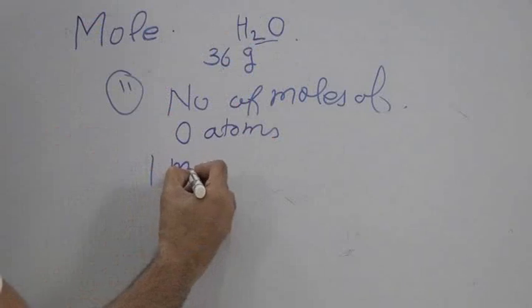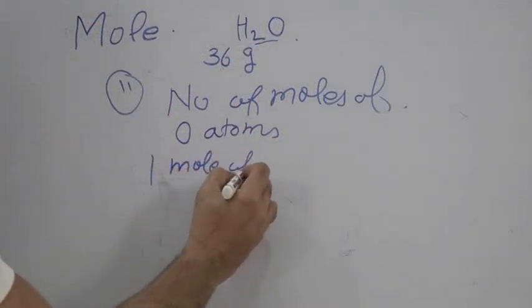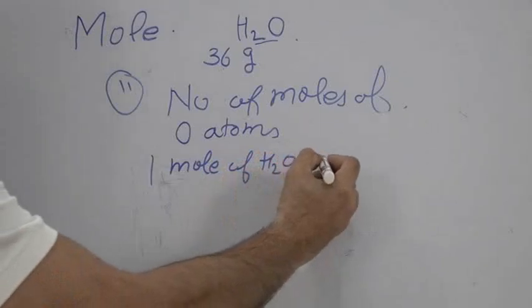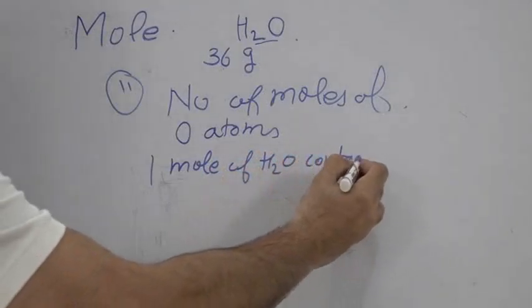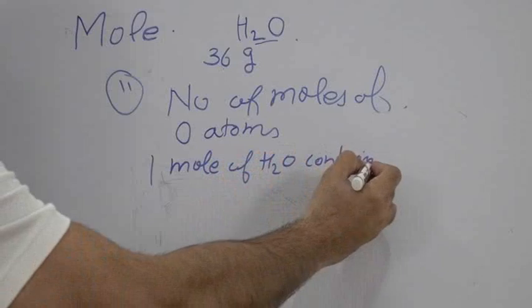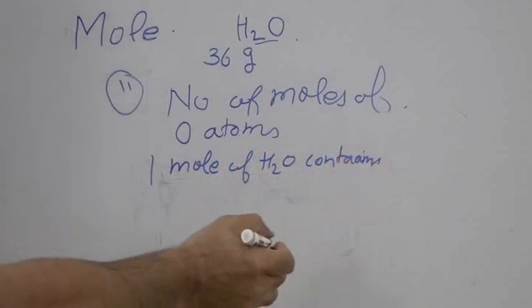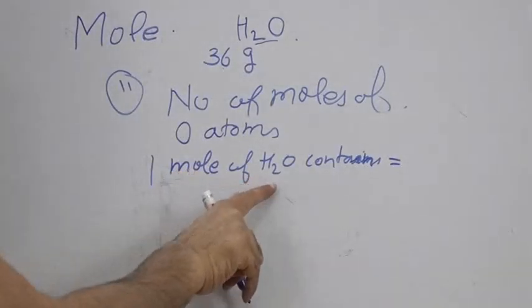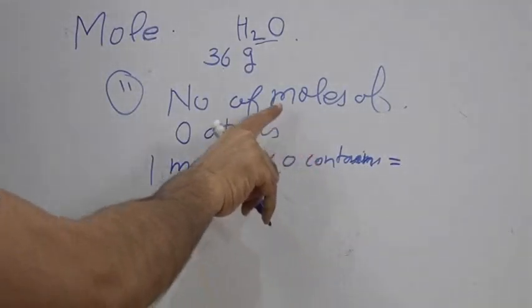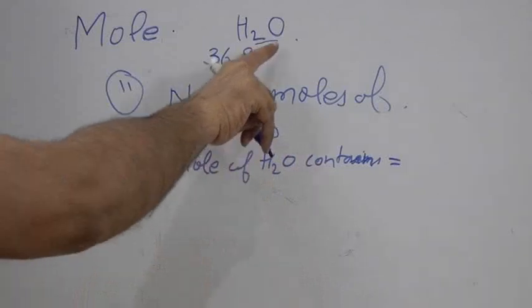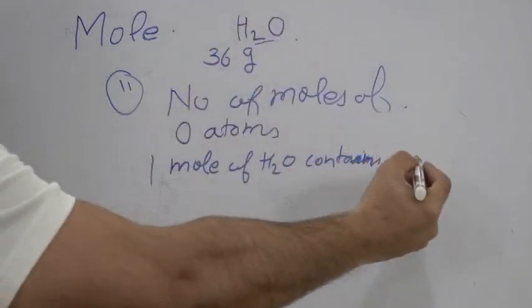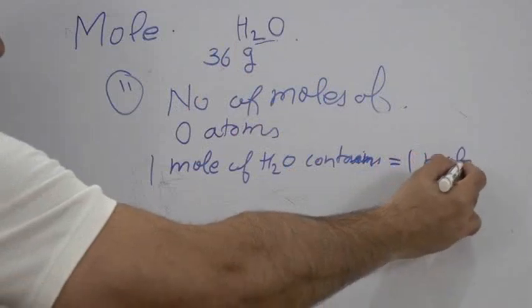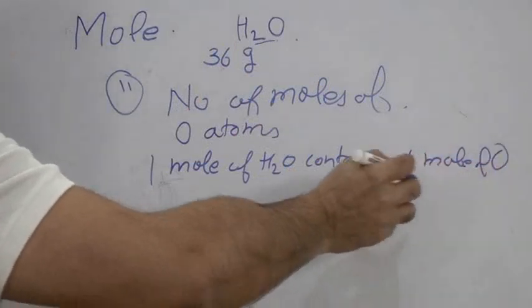Therefore, 1 mole of H2O contains how many moles of oxygen atoms? 1 mole of O atoms.